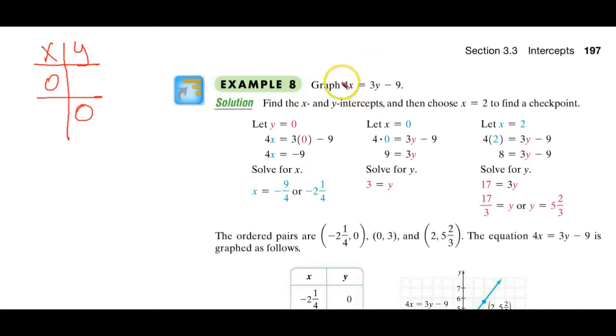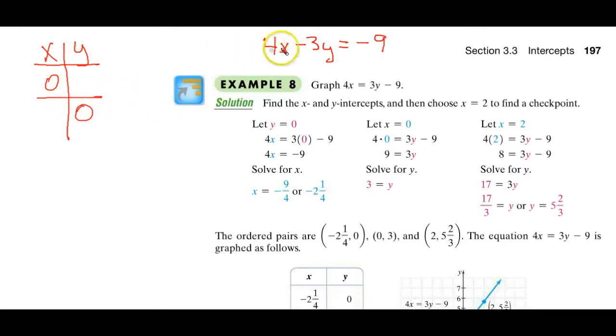Another suggestion, I would say, put it in standard form. 4x, transpose that over, -3y equals -9. So now this is in standard form. That's when it's really easy to use your x and y intercept T-chart.